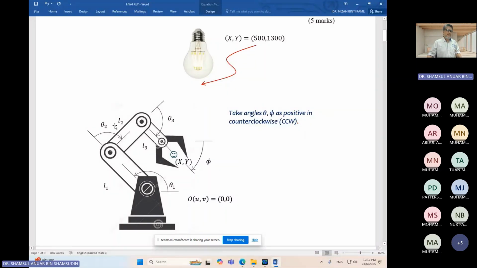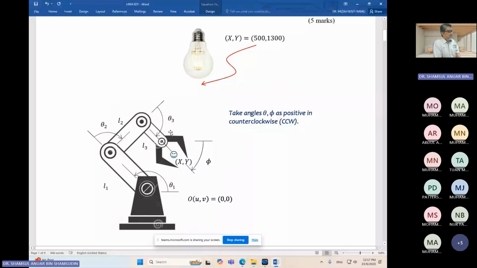Always measure from the previous link. Theta 2 you measure from link 1, and theta 3 you must measure from link 2. That's why they are relative angles.